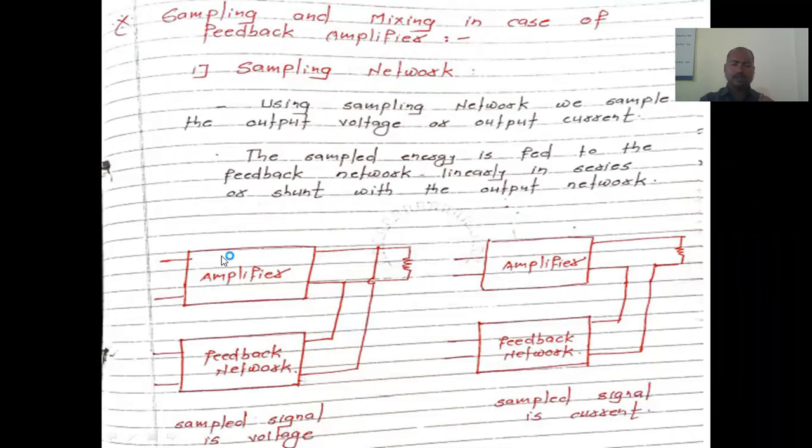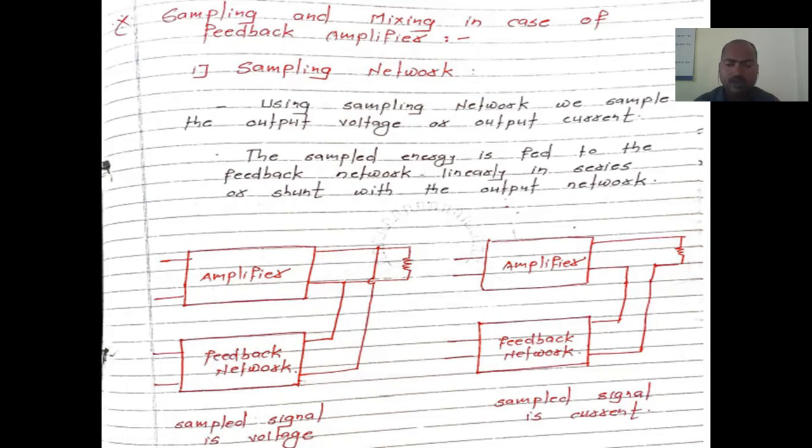What it indicates is that we have applied the input as a voltage, the output generated is also a voltage, and again it is applied to the input as a voltage, right? So the sampler is nothing but a sampler of the voltage. When we take part of the output as an input to this type of network, it is called a sampled voltage network.